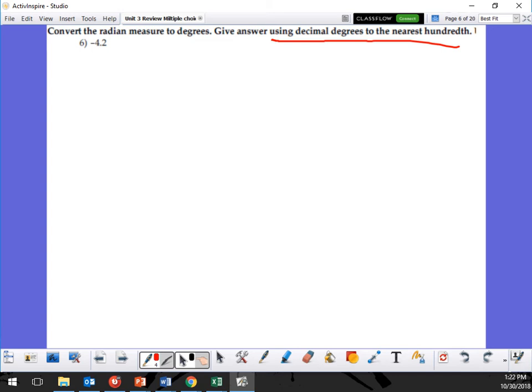So if I'm going from radian to degree, 180 over pi. So negative 4.2 times 180 over pi. And this one right here, since I am going to approximate, this has to have the pi, right? Yeah. Multiply it out.